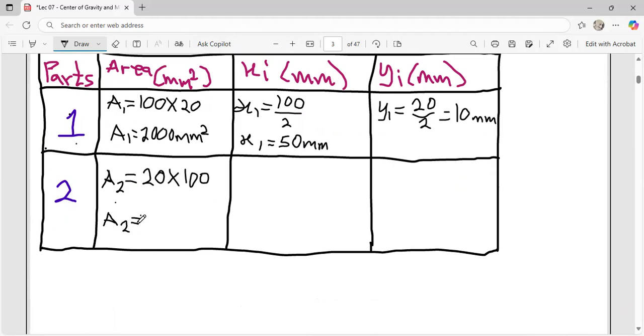So over here too, we are going to get 2000 mm squared. Okay, good. From there, we can calculate for our x2.